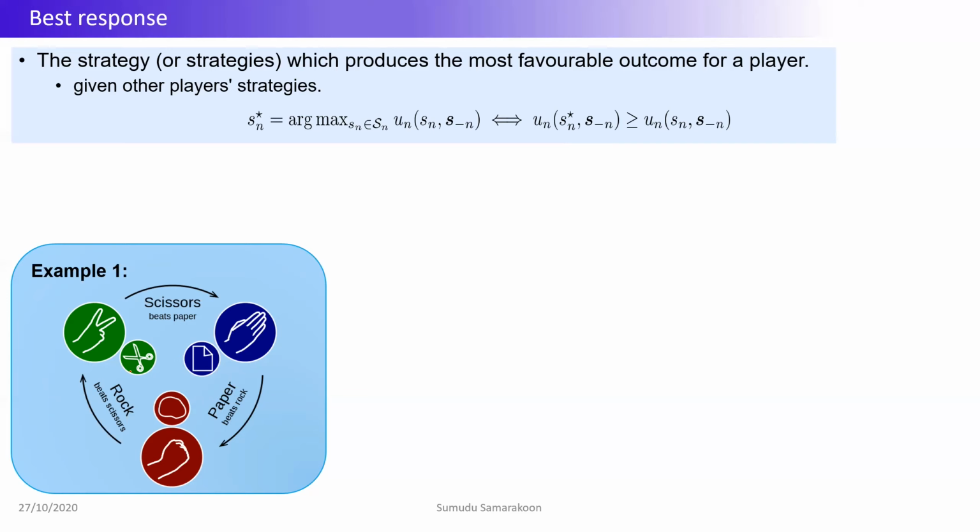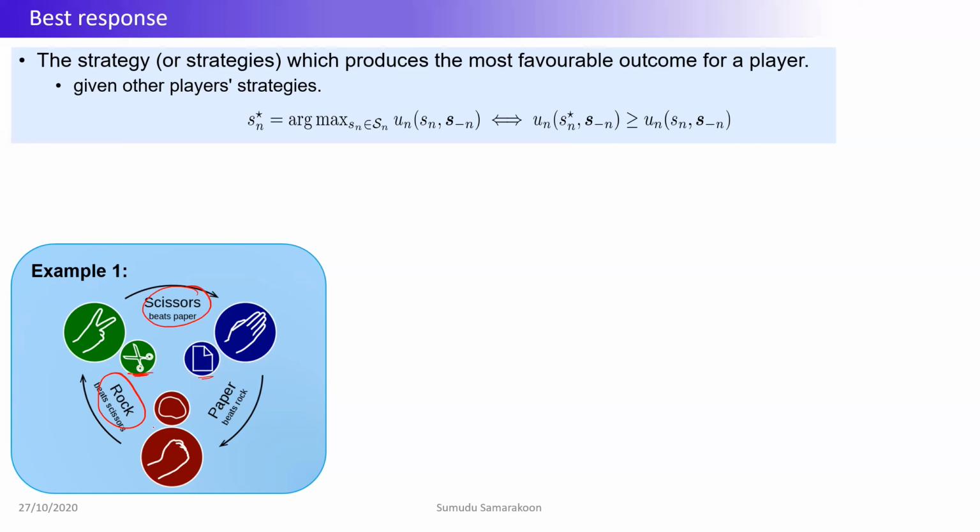So the best response to the other player playing scissors would be playing rock, right? If the other player takes the strategy of playing paper, what we have to play is scissors.